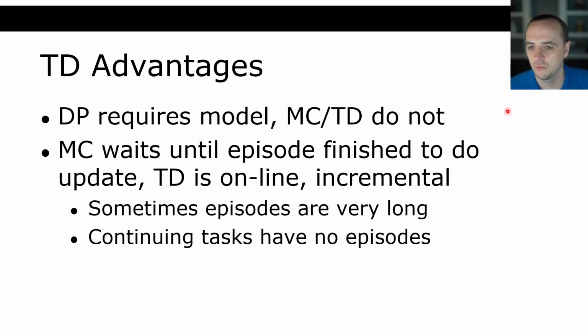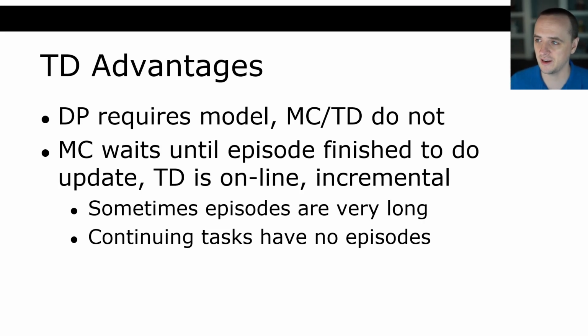Monte Carlo waits until an episode is finished to do the update, but TD is online and incremental, meaning that it doesn't have to wait for it, right? So sometimes episodes can be very, very long, and continuing tasks don't have episodes. So if you don't have episodes, you can't use Monte Carlo because the episode will never finish.